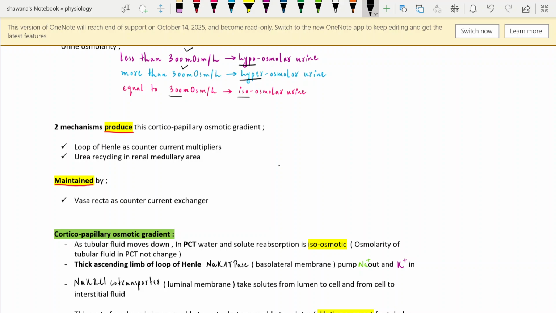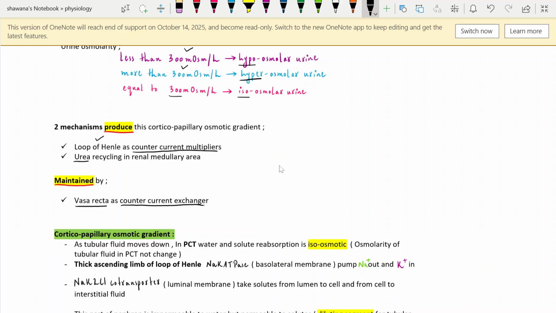And once the corticopapillary osmotic gradient has been produced, how do we maintain it? For maintenance purposes, we have specialized capillaries known as vasa recta, acting as countercurrent exchangers. I will explain all of these terminologies one by one.